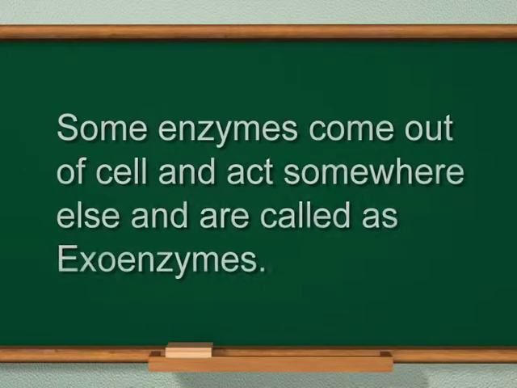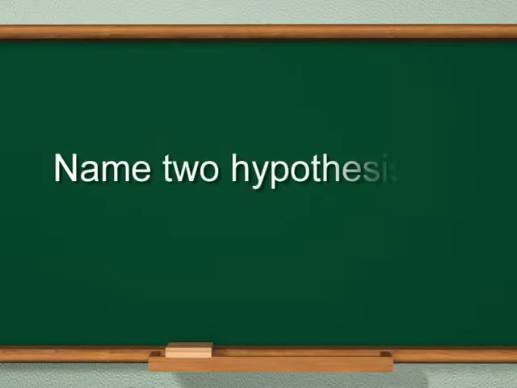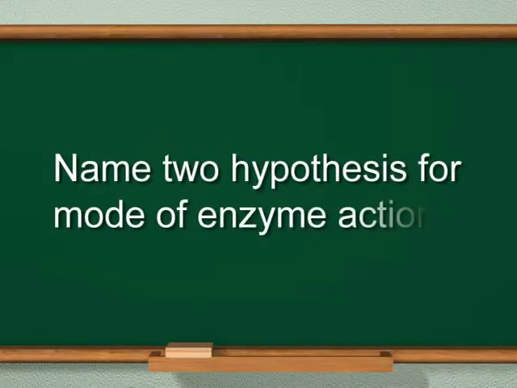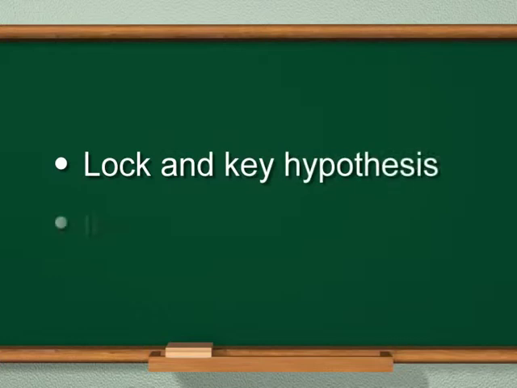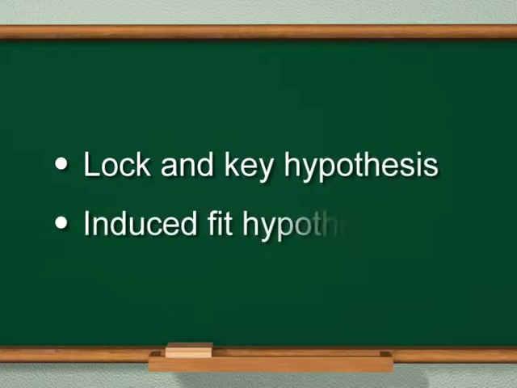The next question is, name two hypotheses for mode of enzyme action. Answer. The two hypotheses for mode of enzyme action are lock and key hypothesis and induced fit hypothesis. Next question.